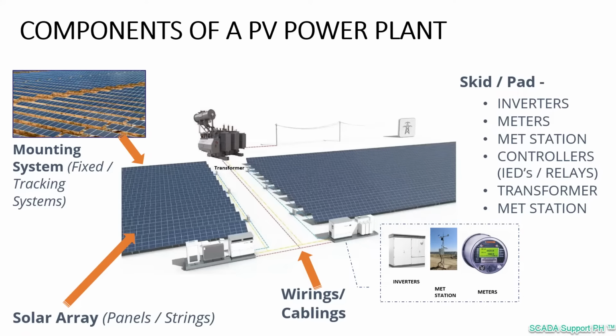Skids or pads are a set of assets or equipment that are geographically located in one single area. This would either include 1 or 2 inverters, meters, your low voltage and medium voltage transformers, depending on the system design, as well as your Metstation.